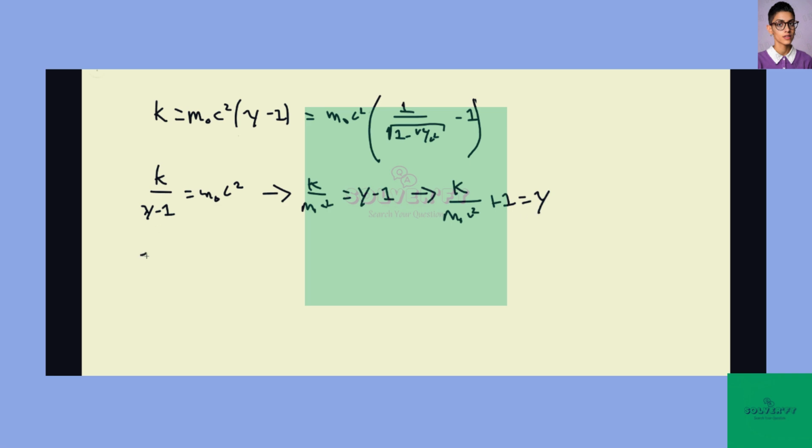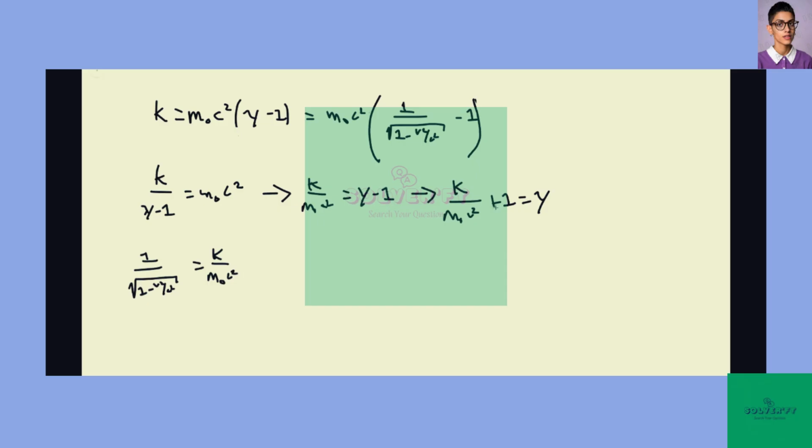Now let's plug in gamma. We've got 1 over the square root of 1 minus v squared over c squared is equal to K over m0c squared plus 1.